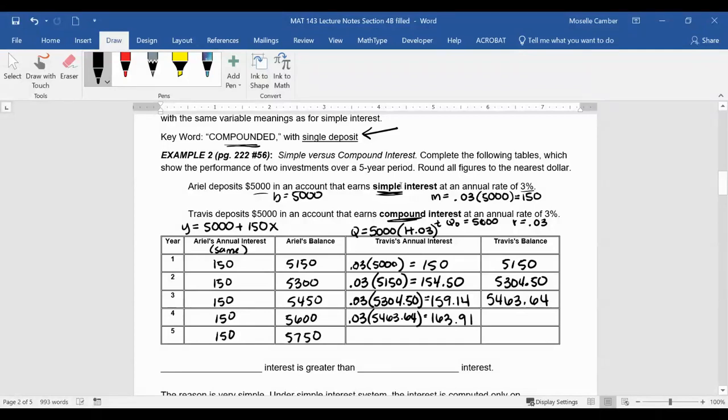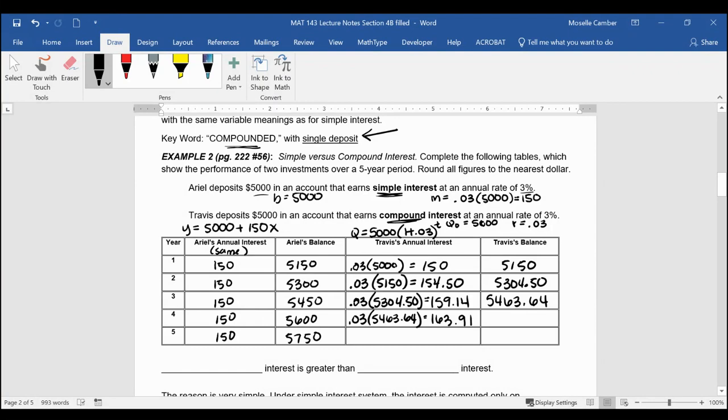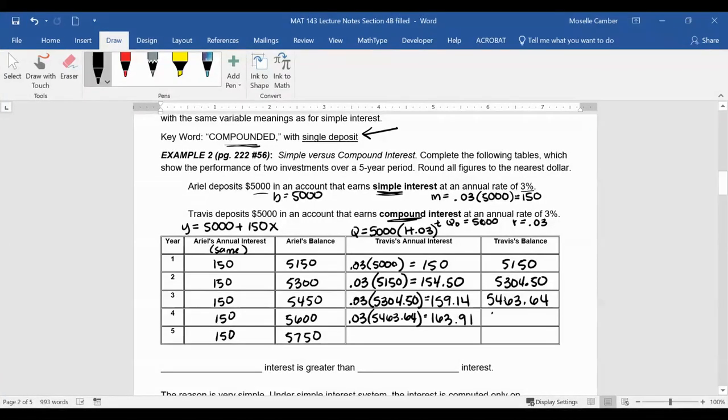So I'm going to add that. This time I'm just going to leave the rounded number here, 5,463.64, so that's 5,627.55 rounded. So again, I'm going to do 0.03 times that answer to get 168.83.